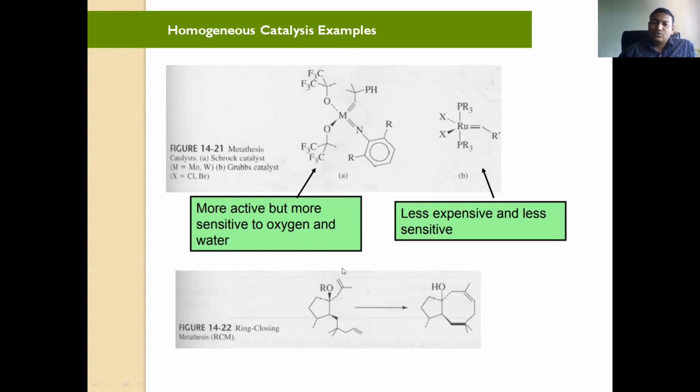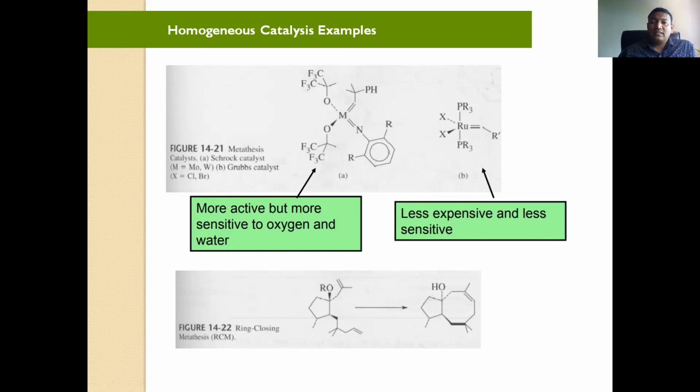Right, so this is ring closing metathesis, and we can carry it out using this Grubbs catalyst. This B is a Grubbs catalyst, right?